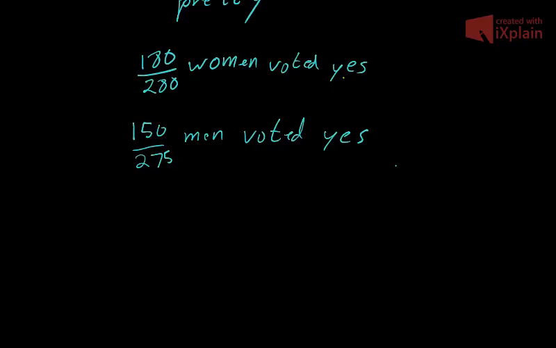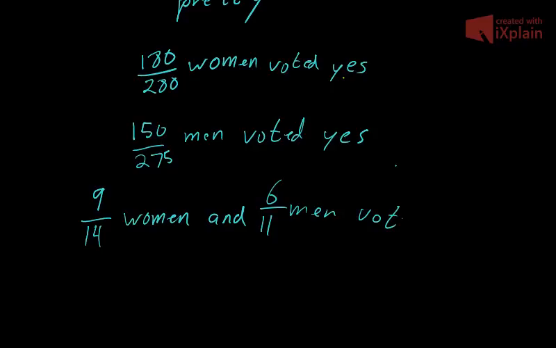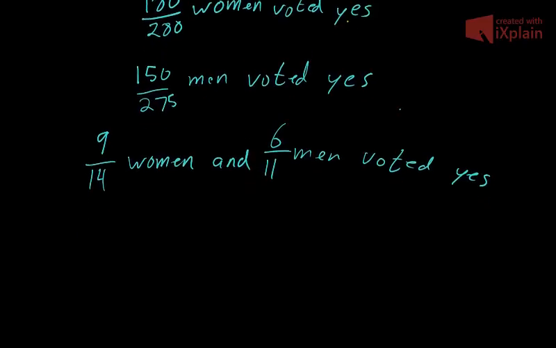That'll make my life a lot easier. So if I simplify this women number, I could say that 9 out of 14 women, and let's see, the men one here would be 6 out of 11 men voted yes, which is great, but I can't really compare these two numbers because they have different denominators, and it's really hard to compare those.